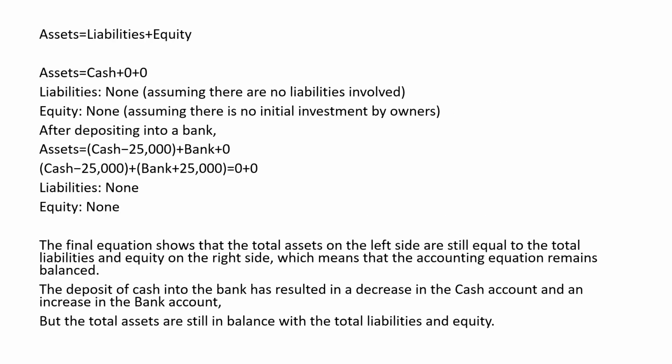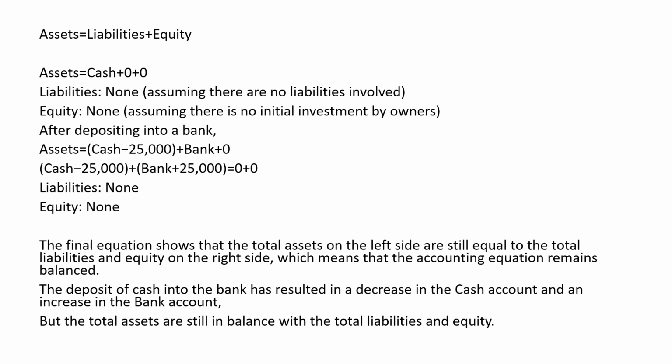Now let us see whether it maintains or balances the accounting equation. Yes, it maintains the accounting equation. How? Assets is equal to liabilities plus equity is the accounting equation. Initially, assuming that there are no liabilities involved, and assuming that there is no initial investment by the owners, assets is equal to liabilities plus equity.